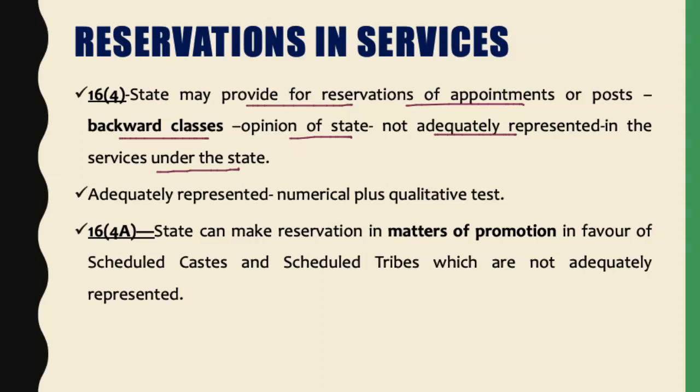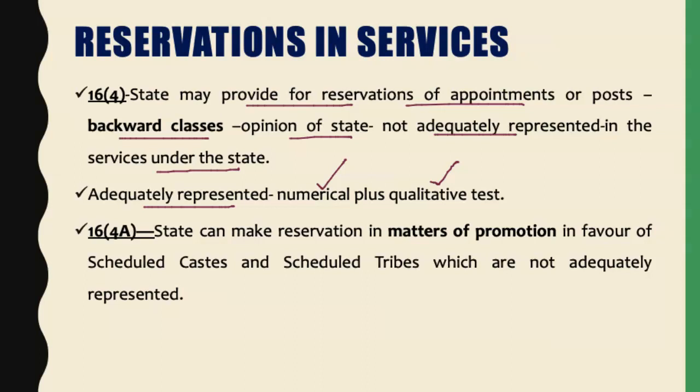Also, when we talk about adequately represented, what do we mean? We mean a numerical plus qualitative test. इसका मतलब क्या है? जब हम ये बात करते हैं कि state will be checking whether a backward class is adequately represented or not, वो दो factors को देखेंगे. पहला factor, उसकी numerical यानी कि numbers of representation कितनी है, how adequately are they numerically represented.